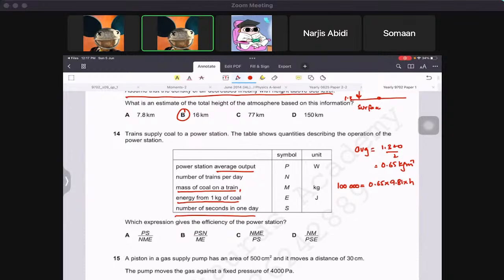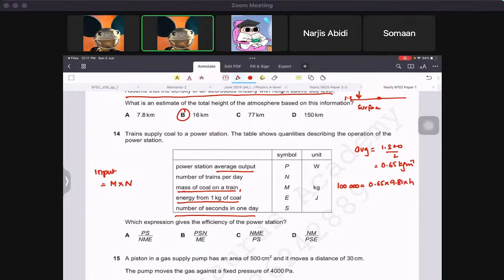What is the efficiency? So the input, first we'll try to find the input, okay? So the mass of coal on one train is m times the number of trains n. So that is the total mass.